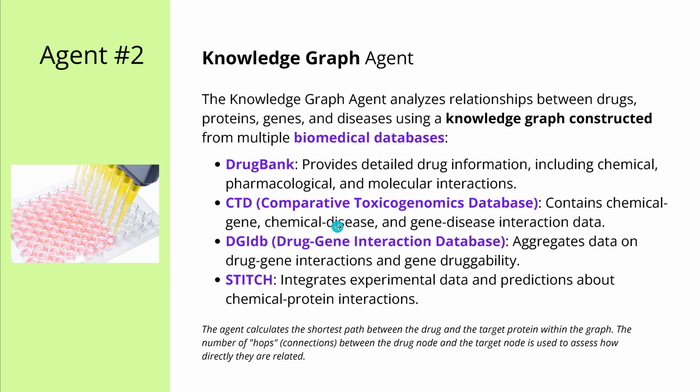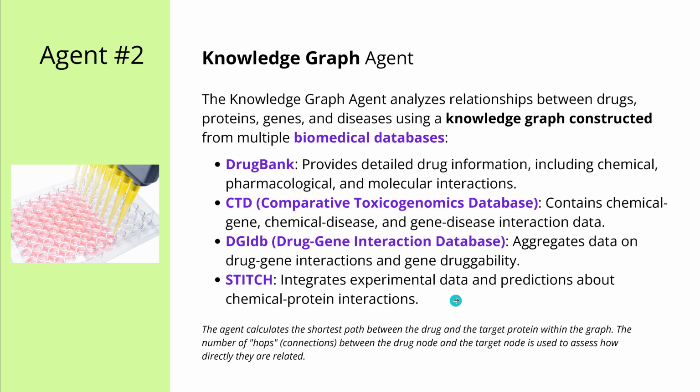We have a drug-gene interaction database. And we have a database for predicting chemical-protein interactions, STITCH. So for all of those databases, we now write a short program so that we can construct a knowledge graph based on the information in those 1, 2, 3, 4 databases.